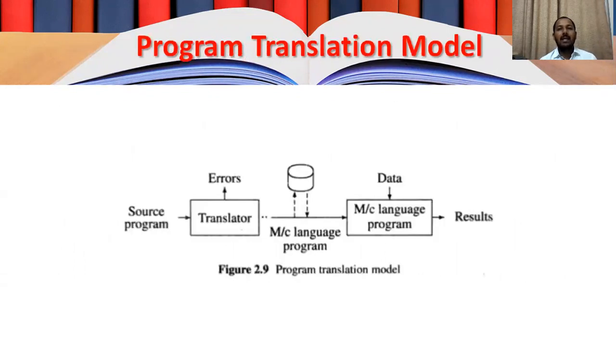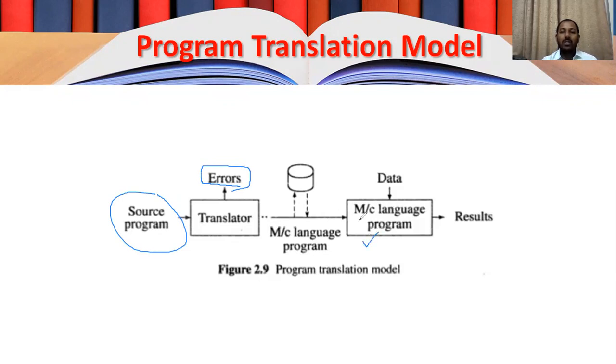This is the diagram that shows the work of the translation model. You can see here, the source program is the input to the translator. The translator will report any errors, if there are any. Now the machine language code is generated, the machine language program.